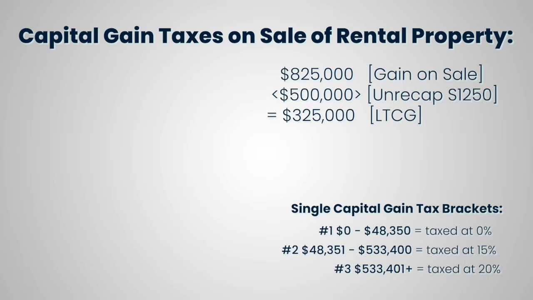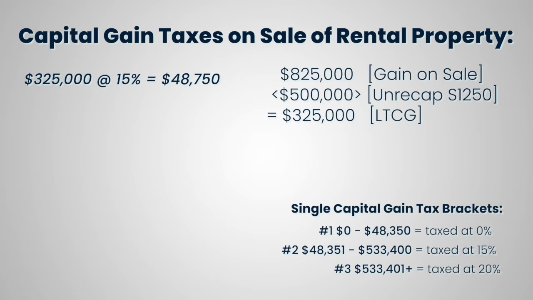It's above $48,351 and below $500,000, $33,400. So the $325,000 is taxed at 15%, for a total of $48,750.